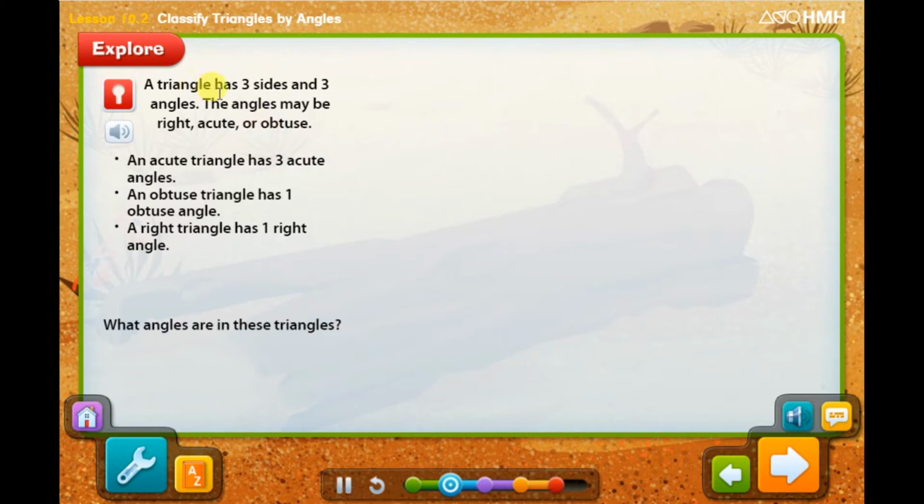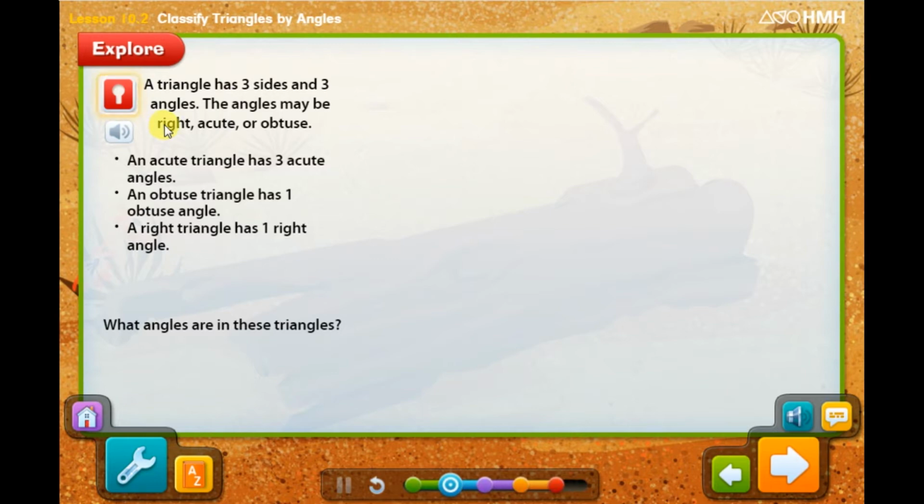What kind of angles are in these triangles? A triangle has 3 sides, 3 lines, or 3 edges, and 3 vertices, and of course 3 angles. We have many types of angles. If you remember, we have the right angle. It's like the angles of a square or a rectangle.